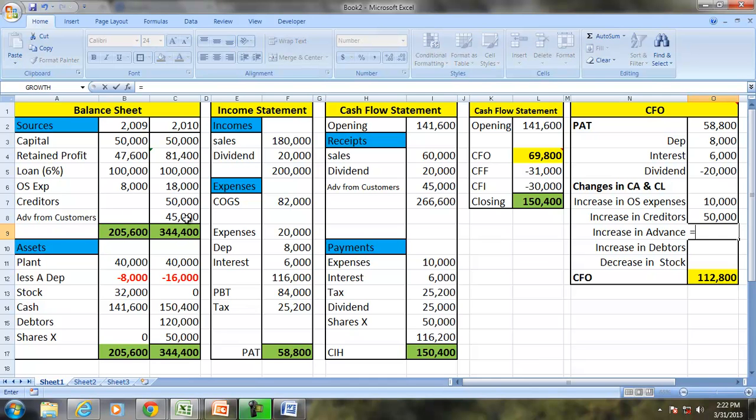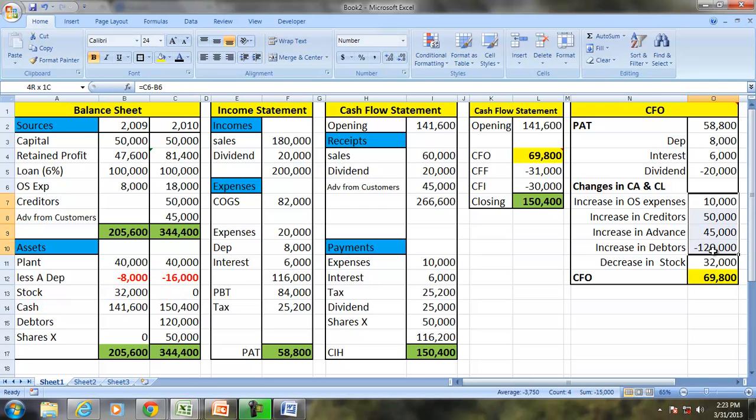Increase in advance, that means we have received advance from the customers, so therefore it's a cash inflow. There is an increase in the debtor, that means we have sold the goods on credit, no cash inflow to the extent of 120,000. And decrease in the stock, that means the stock purchased in the last period have been used in the current period.